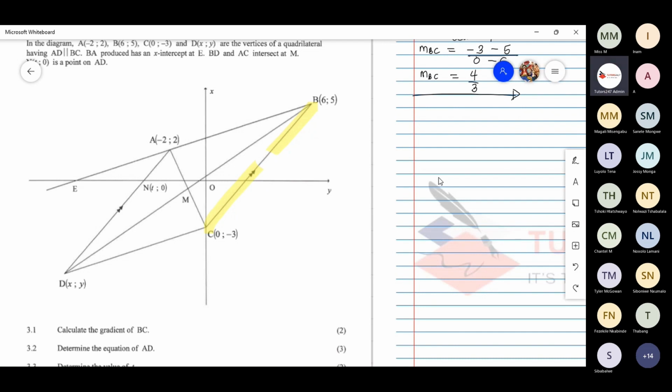Okay, so to go back to what we were doing, 3.2, determine the equation of AD. In order to determine the equation of a straight line, you need two things. You need a coordinate on that line, and you need the gradient of that particular line.